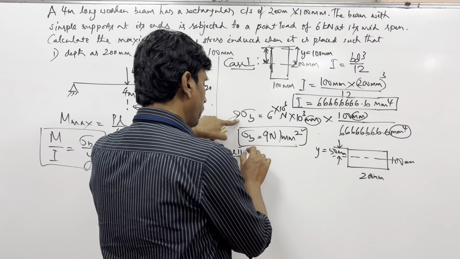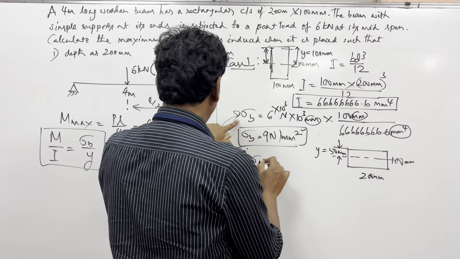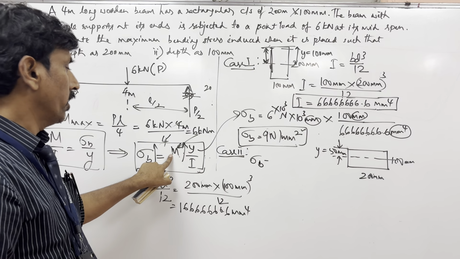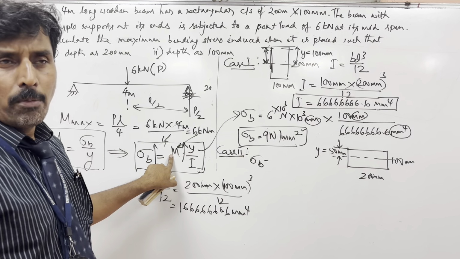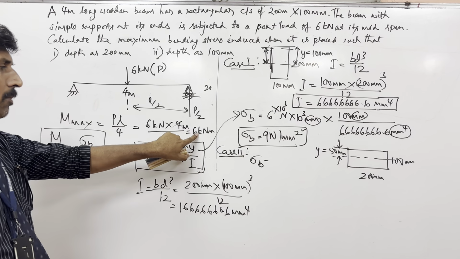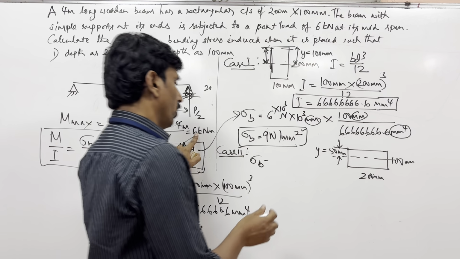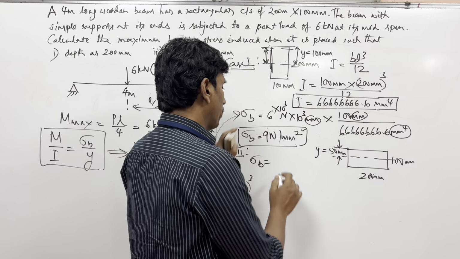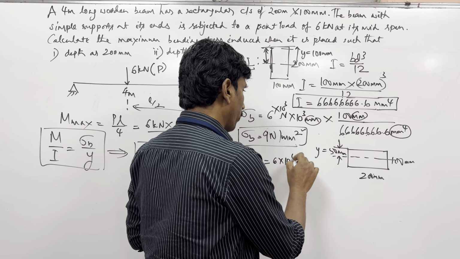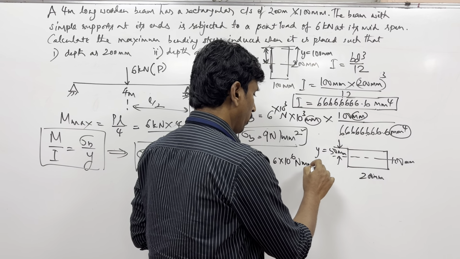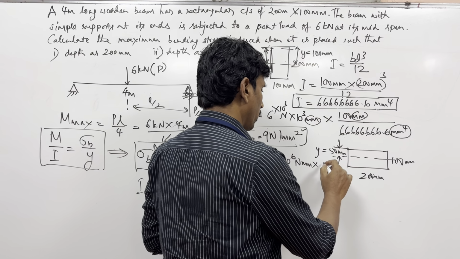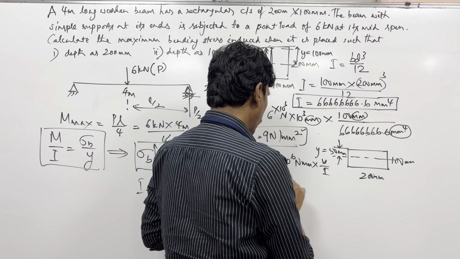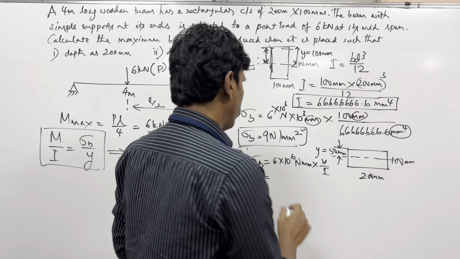So if you want sigma b, then the moment applied is the same. The moment applied is 6 into 10 to the power of 6 Newton millimeter multiplied by y by I. So how much is y? 50.